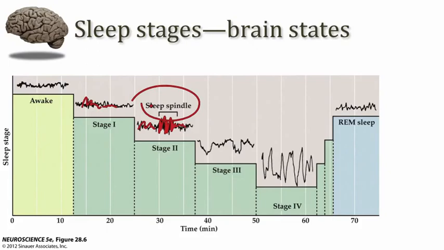So it's a high amplitude, high frequency burst that is indicative of there being a great deal of synchrony imposed upon thalamocortical neurons, but only for these little brief epochs of time. And so this is something that's happening as we begin to enter our deeper stages of sleep.